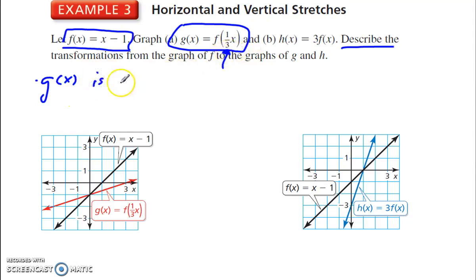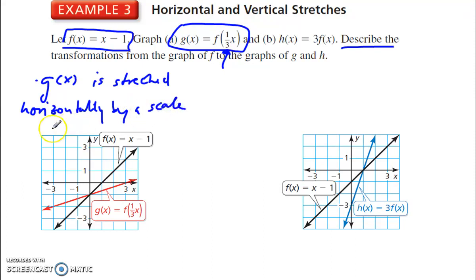This is stretched horizontally by a scale factor of, and now remember, if it's inside the parentheses, we're paying attention. We have to flip that, of 3, because we flip the 1/3.